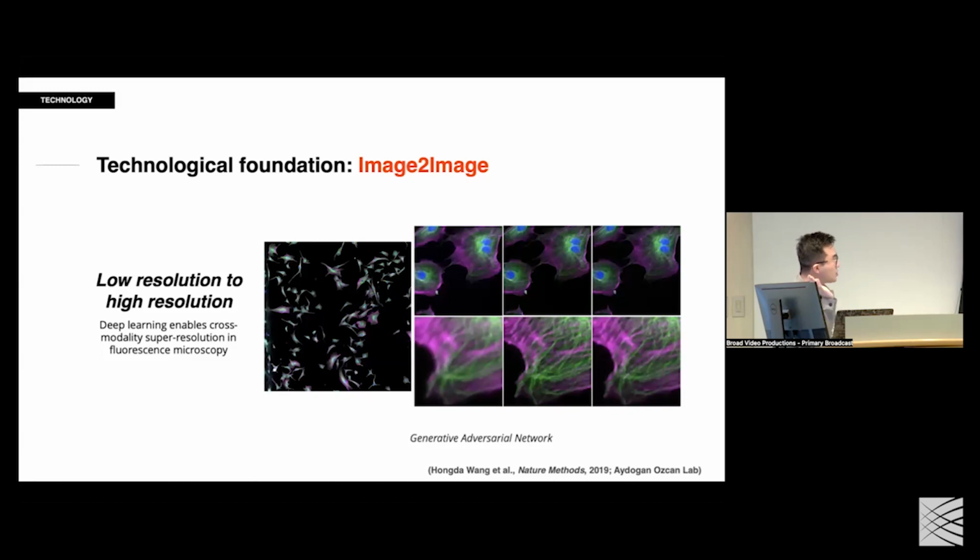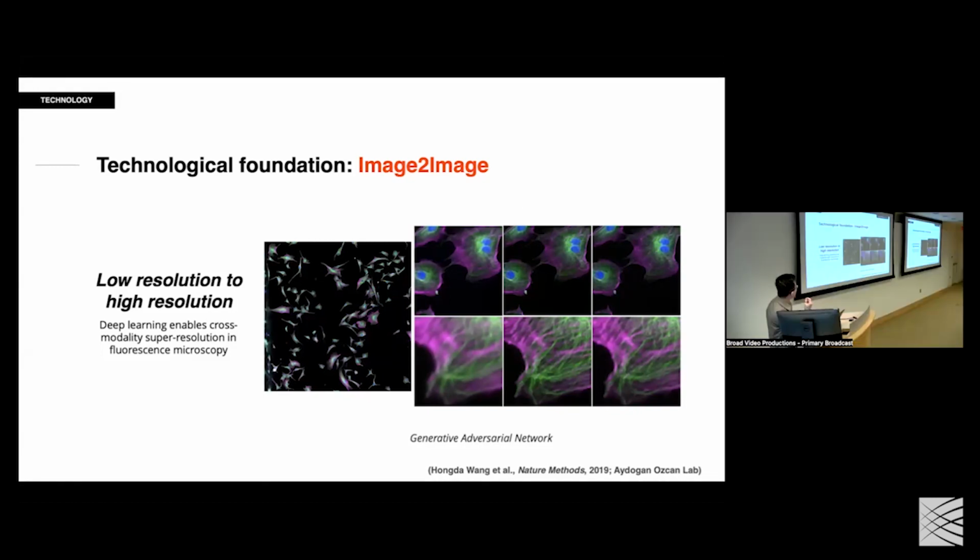And then there's also lots of work related to image augmentation, like using low resolution imaging data to generate high resolution, even super resolution images. In this work, they developed a method using GAN to generate high resolution fluorescent microscopy data from just regular low resolution data.